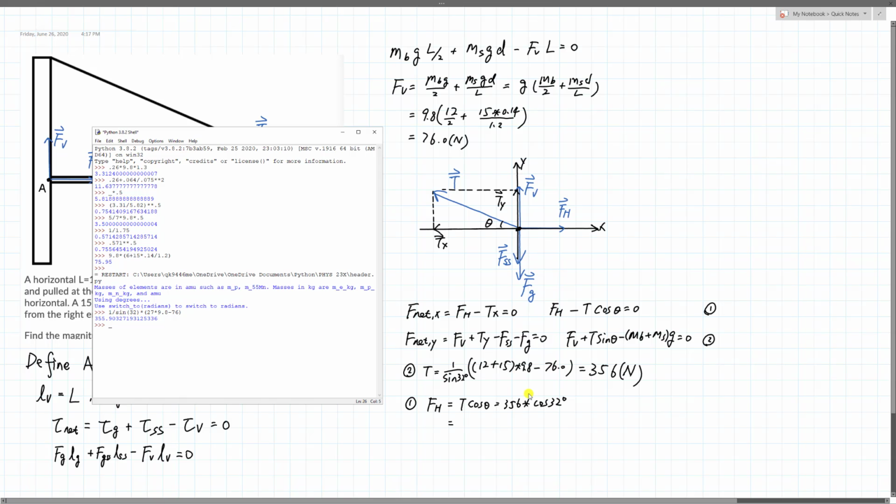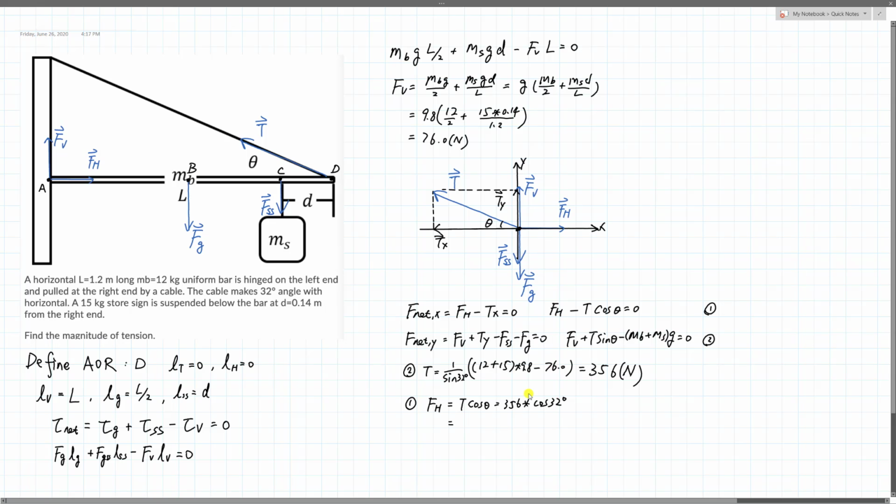So that's 356 cosine 32 degrees, so we have 302 as the horizontal hinge force. We also calculated the vertical hinge force to be 76. Alright, thank you.